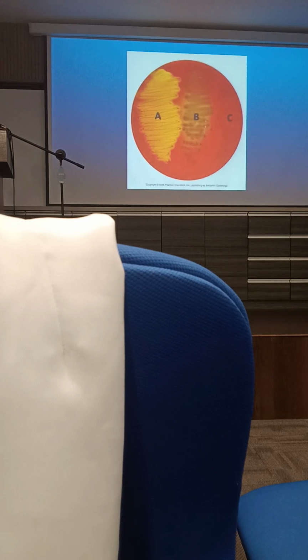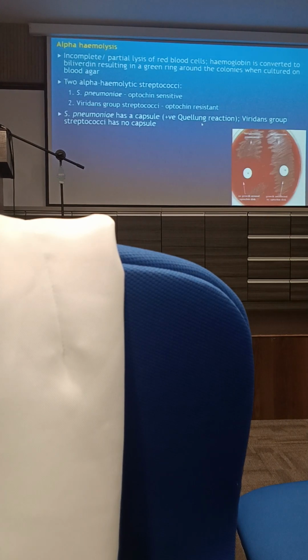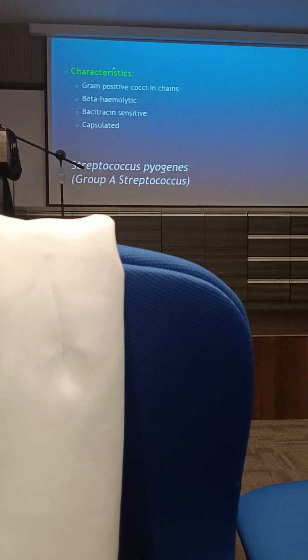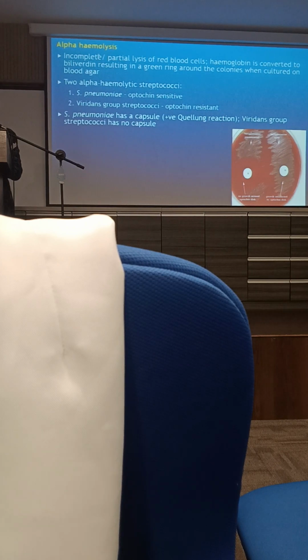In alpha hemolysis, it is partial lysis. Okay, as I have given here, partial lysis, which causes a greenish color from incomplete hemolysis.